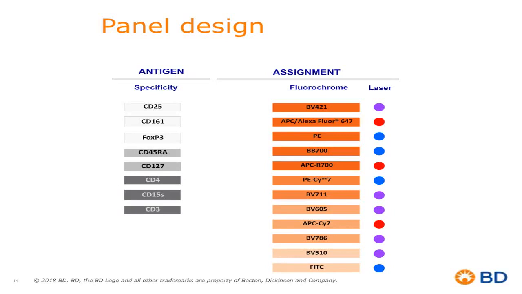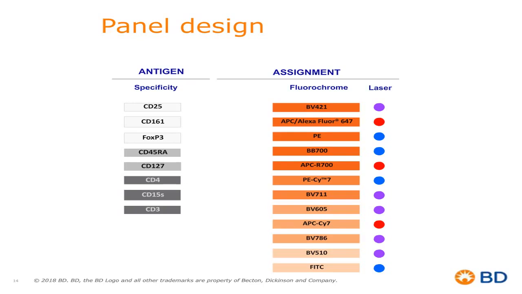On the left, you can see a list of antigens and the specificities. Those are what I call my common core backbone antigens. Those are the markers that I need to use to define my subsets of interest. On the right, you'll see a list of fluorochromes and the corresponding laser line that they're off of.